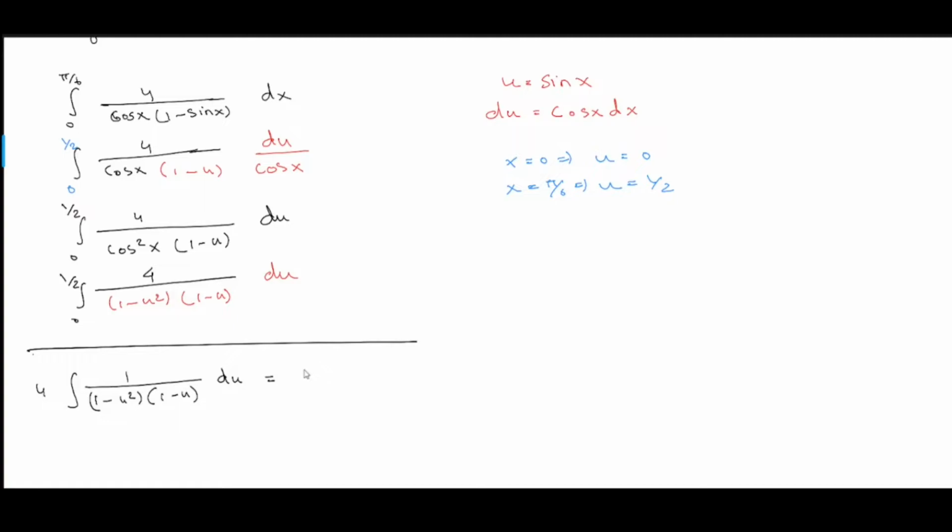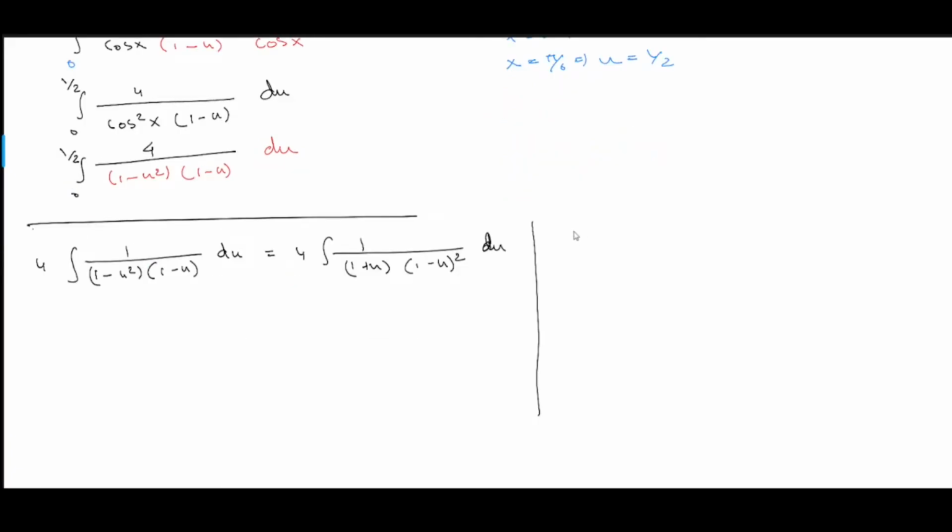So that's exactly what we're going to do. Before that, I'm going to rewrite this something like this: 1 plus u and 1 minus u whole square du. Here, the partial fraction: 4 by 1 plus u into 1 minus u whole square, in terms of partial fractions, is capital A by 1 minus u whole square plus B by 1 minus u plus C by 1 plus u.